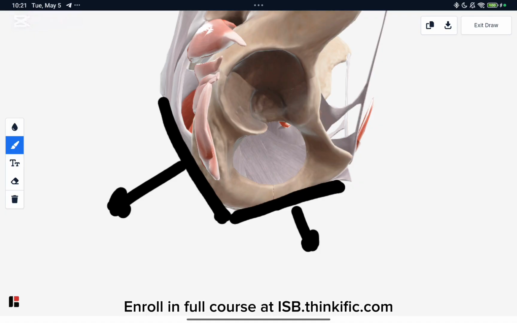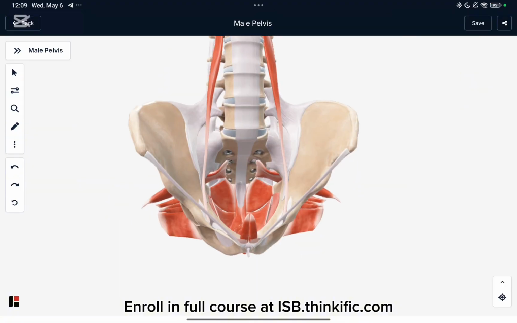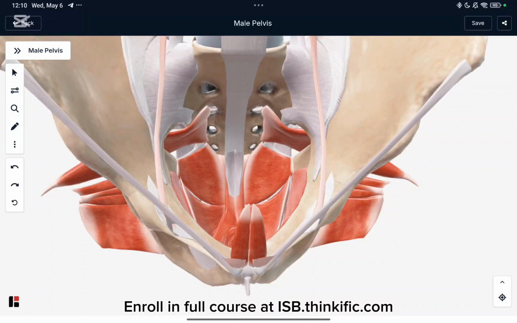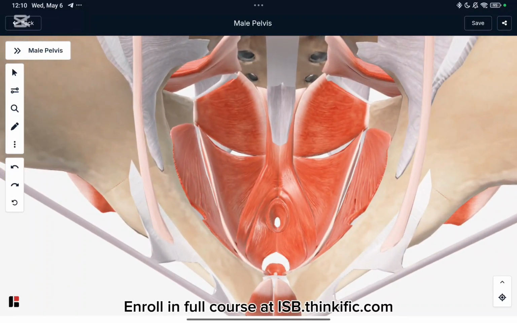Okay, very well. Next, we will move to the pelvic floor and talk a little bit about that. The pelvic floor muscles, when we zoom in, are mainly two huge muscles.